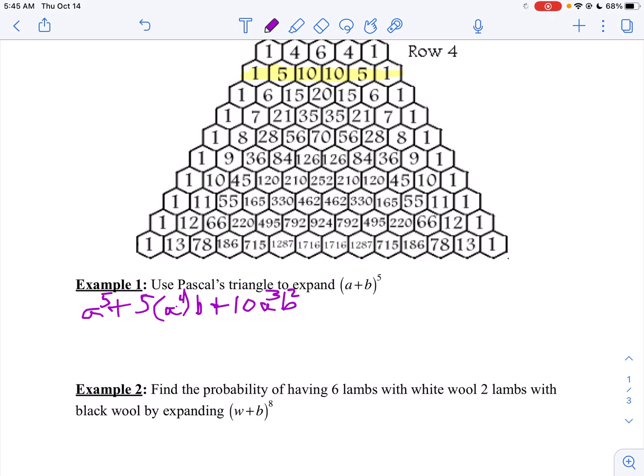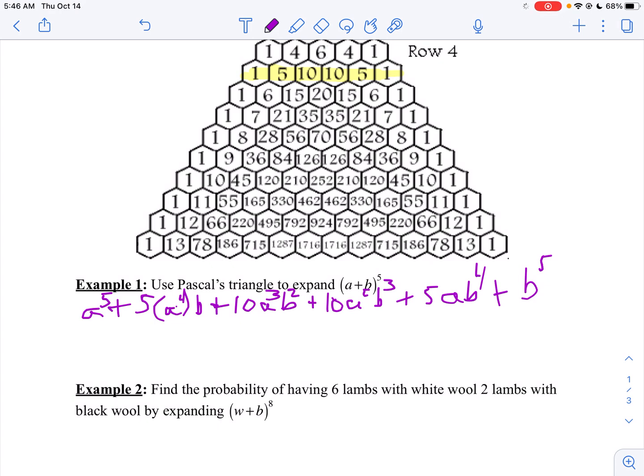And then 10 again, because it's symmetrical: a squared, b cubed. Plus 5, a, b to the 4th. And then finally, plus 1, b to the 5th.